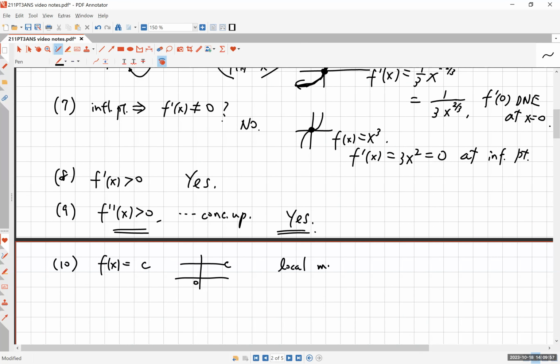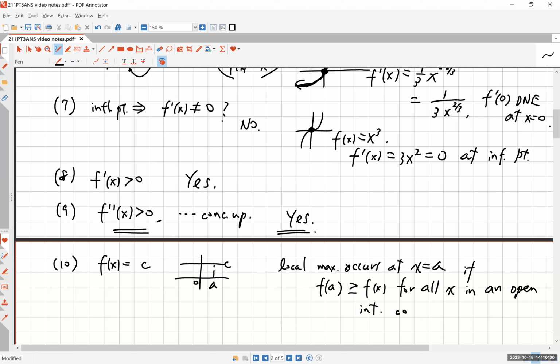A local maximum occurs at x equal to a if f of a is greater than or equal to f of x for all x in an open interval containing a.